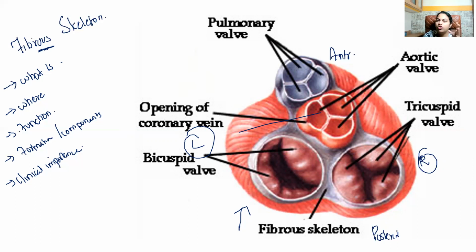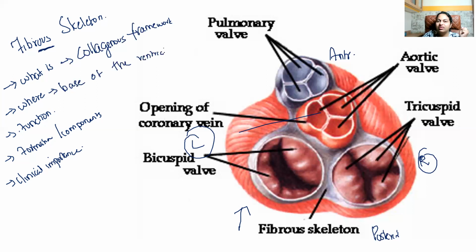Of these three, which one is the strongest? The collagen fiber, isn't it? So the collagenous framework that you see around the base of the ventricle.